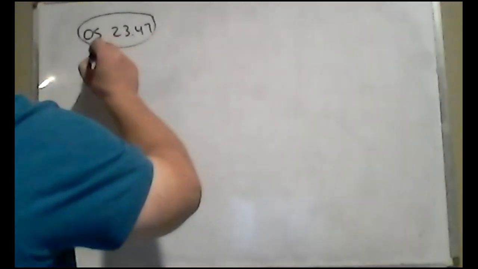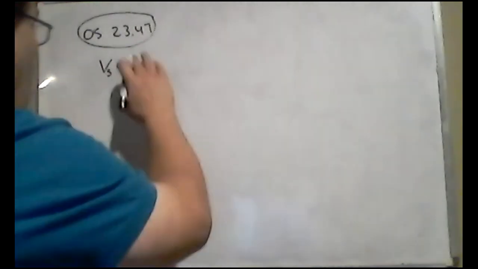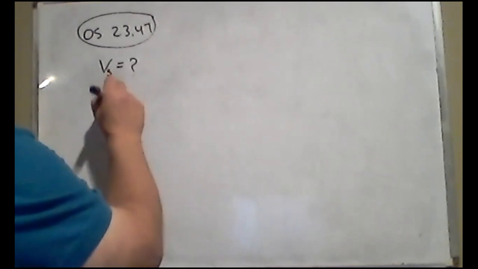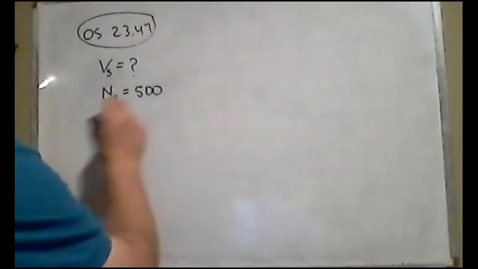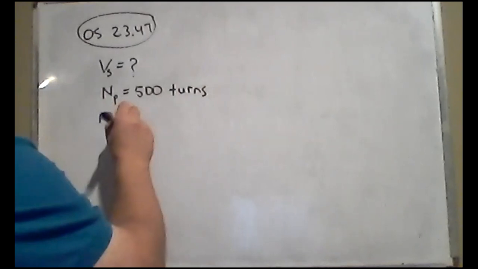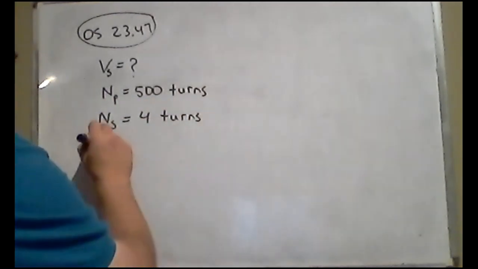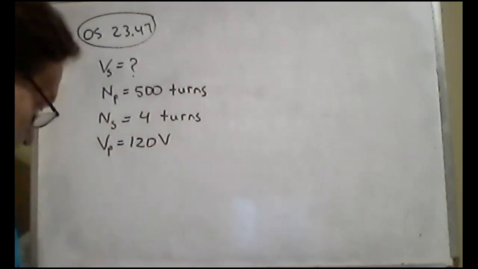I do not know V sub S, the secondary voltage, but I know the number of turns in the primary is 500, the number of turns in the secondary is 4, and of course the primary voltage coming out of the wall is 120 volts.